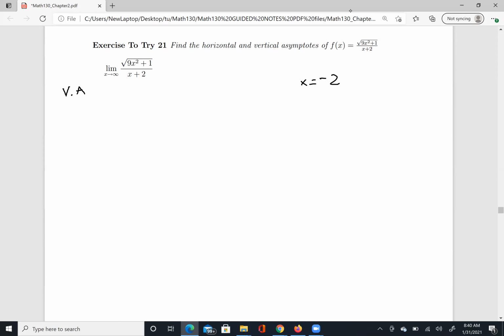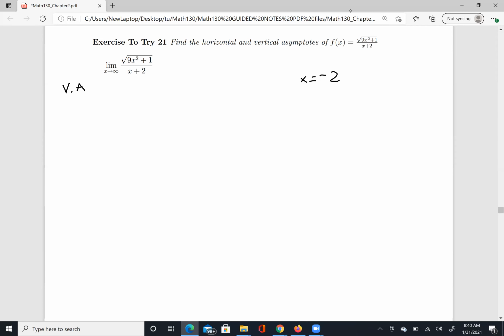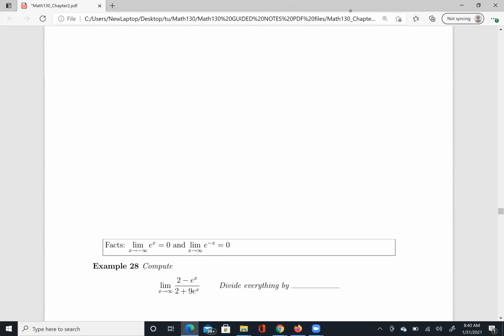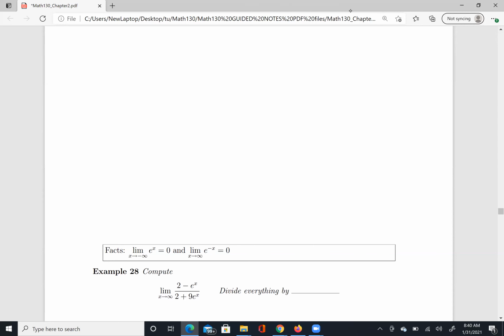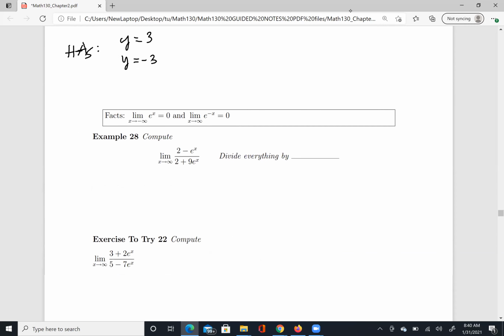For the horizontal asymptotes, we have two: y equals 3 and y equals negative 3. You can try it, go ahead.